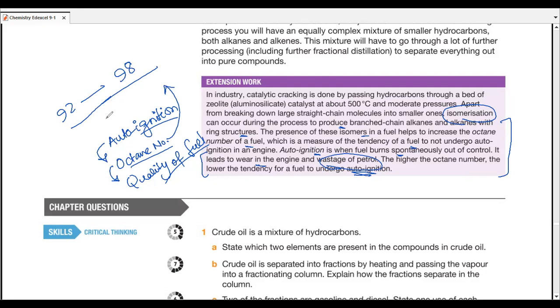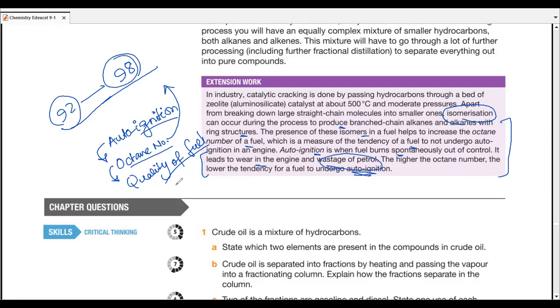Next time when you go to refuel your car with petrol or gasoline, look at the banners where the names of the company and brand names are mentioned. Around those, you'll find a number anywhere from this to this. The higher the number, the better the quality of fuel that you're getting.